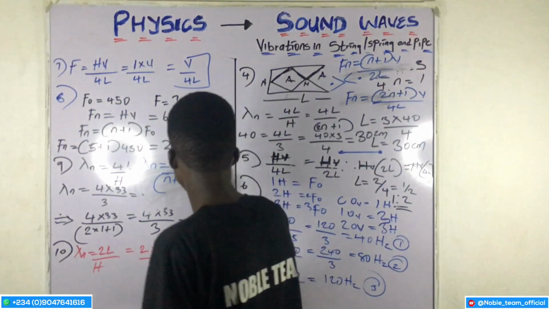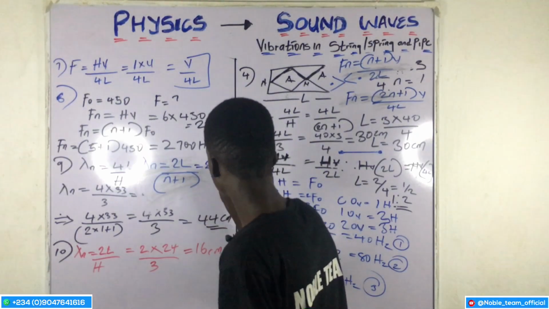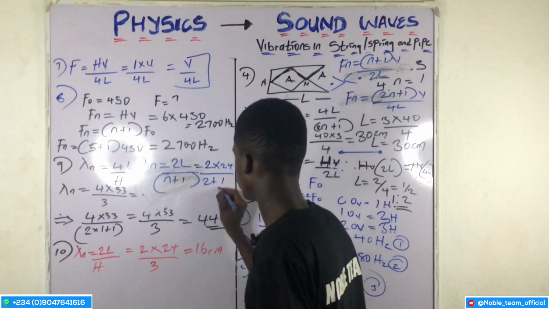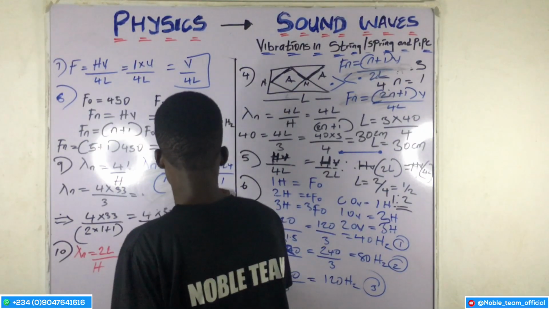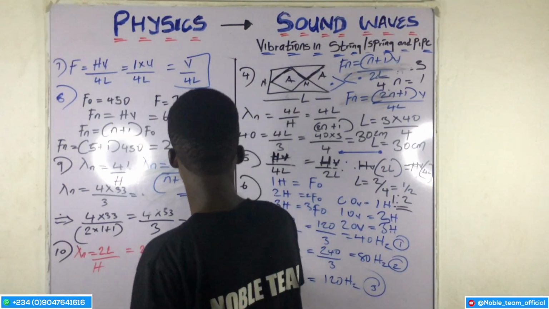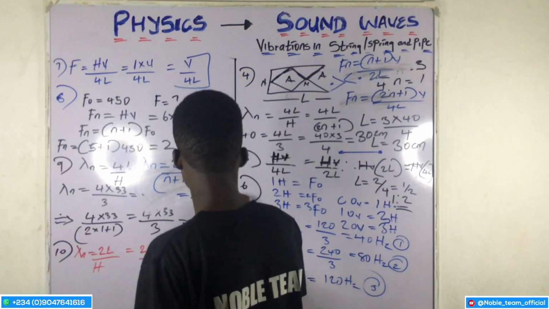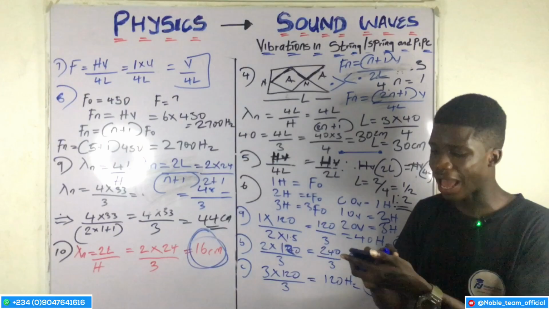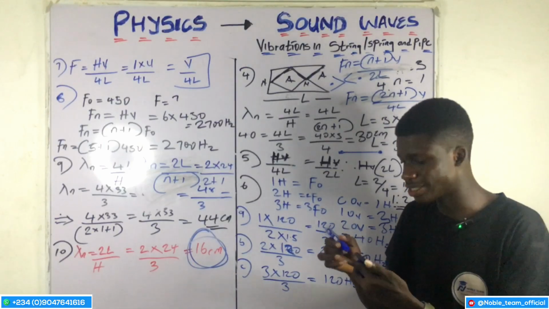Now it's going to be 2 times 24 divided by 2 plus 1, which is 48 divided by 3. And if you divide, you still have 16 centimeter. And we have it that option C is correct.